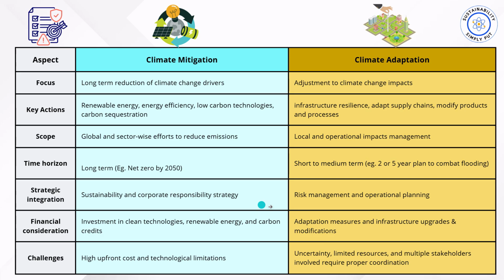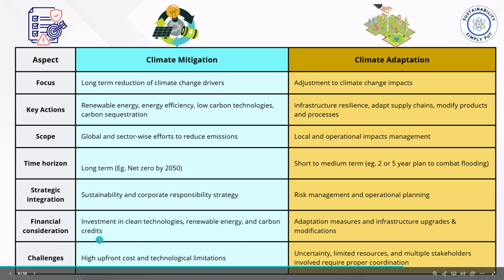The climate adaptation is all about risk management and operational planning. Financial considerations for mitigation are investment in clean technology, renewable energy, and carbon credits, while climate adaptation focus is on adaptation measures, infrastructure upgrades, and modification.